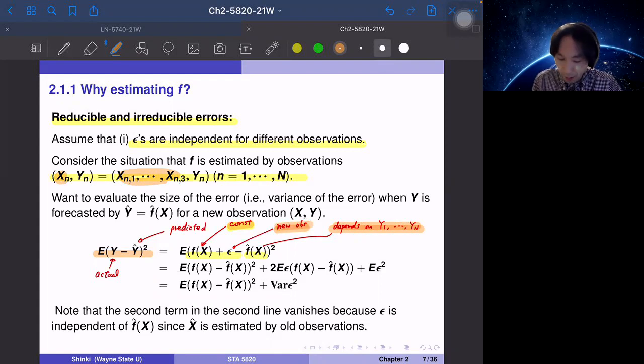So these are independent. That means the expectation decomposes. Suppose A and B are random variables, then the expectation of AB is the expectation of A times the expectation of B if A and B are independent.